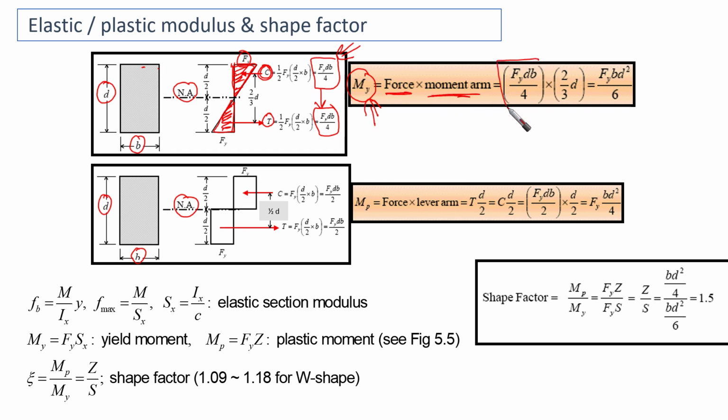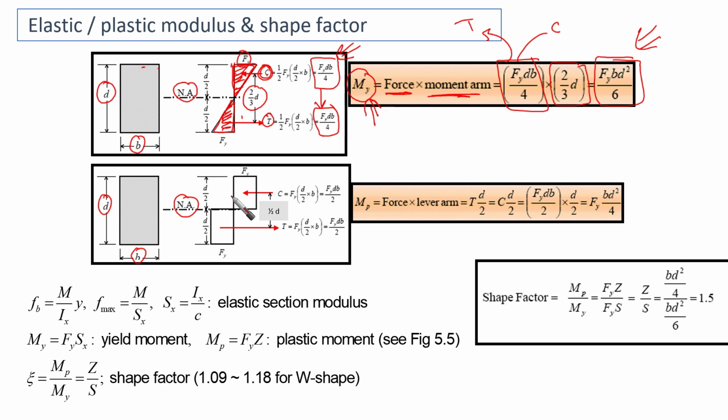The force in our case, whether it is C or T, is no problem here. They are the same, right? Times the distance between C and T. It is 2/3 D, because we are talking about triangles here. So it is 2/3 D. The final M yield is going to be like this: F yield BD squared over 6.